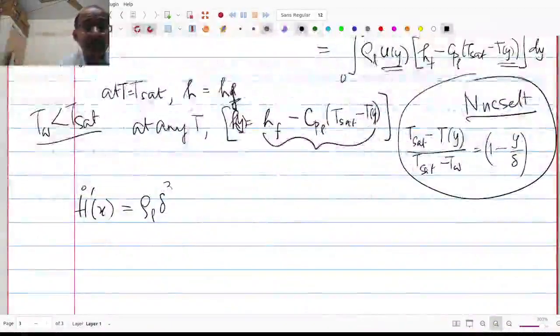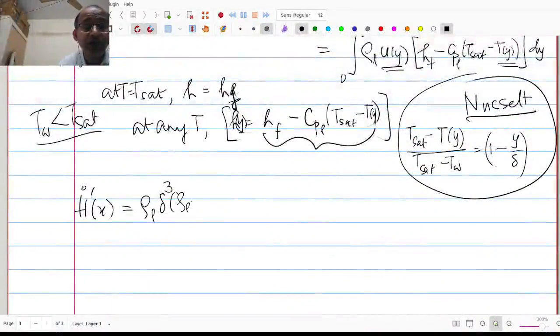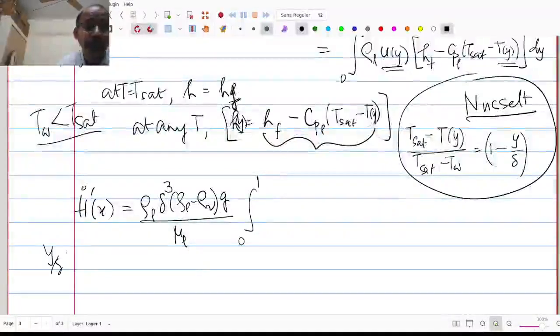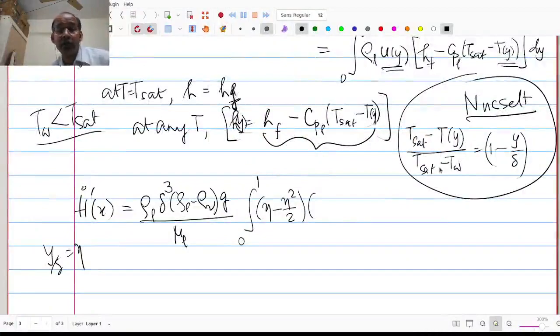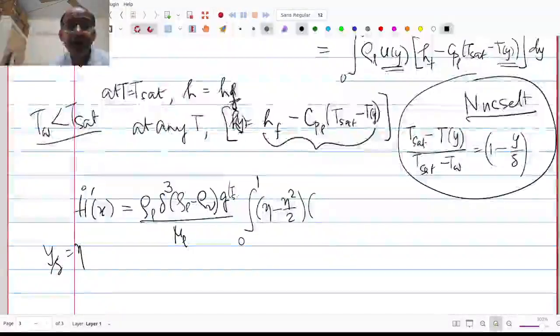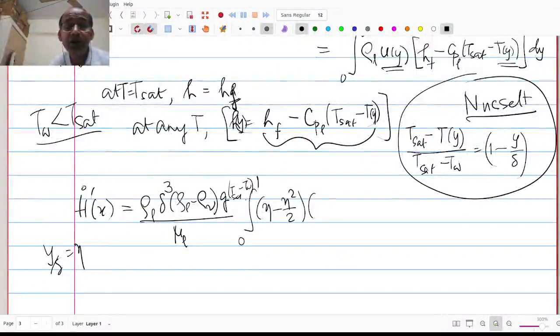So this delta will become delta cube into rho L minus rho v into g divided by mu L, and then I'll have the integral from 0 to 1 of, if I write y by delta equal to eta, then eta minus eta squared by 2 into the temperature profile. T sat minus T wall would come out here again. Then I'll have a 1 minus eta d eta.